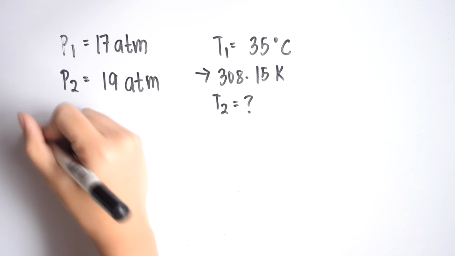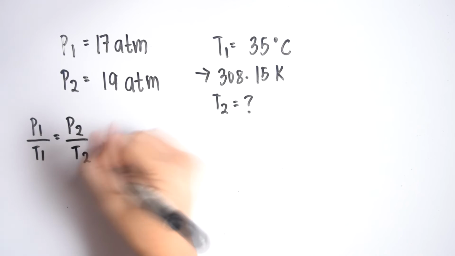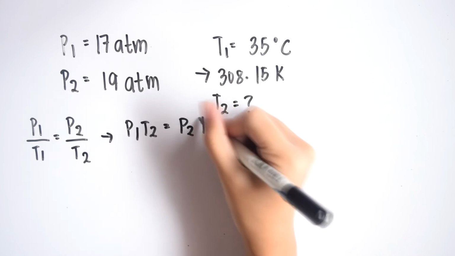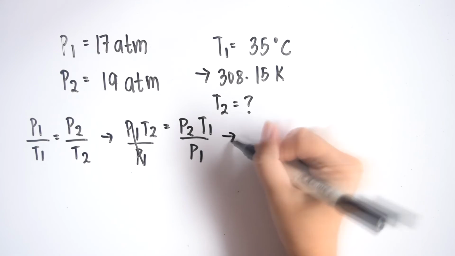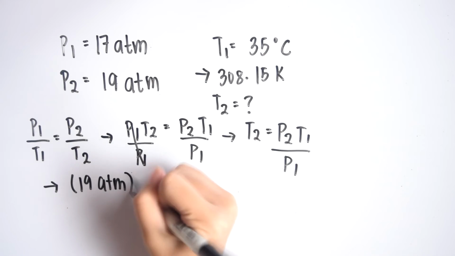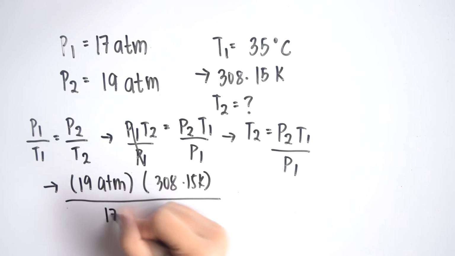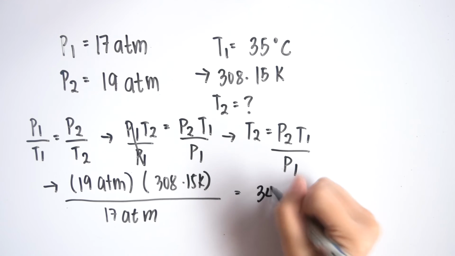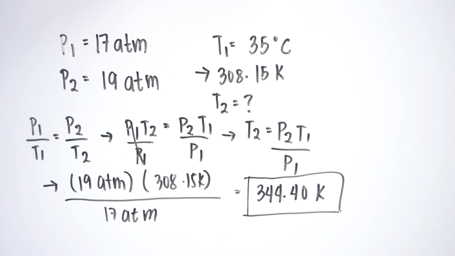We'll arrive at the formula for our final temperature, which is equal to the final pressure times the initial temperature all over the initial pressure. The unit left is Kelvin, so our answer for our final temperature should be 344.40 Kelvin.